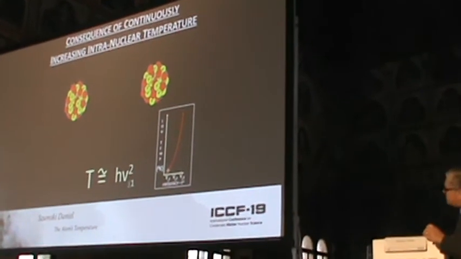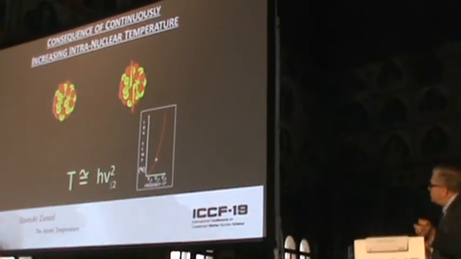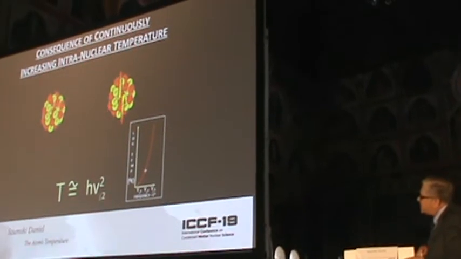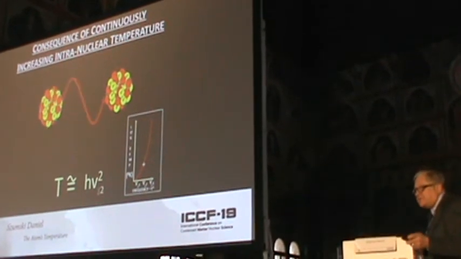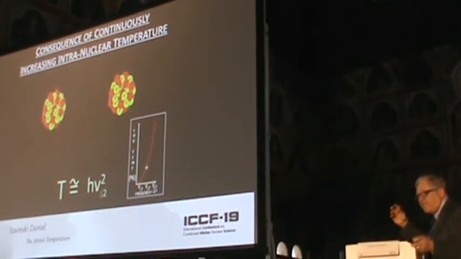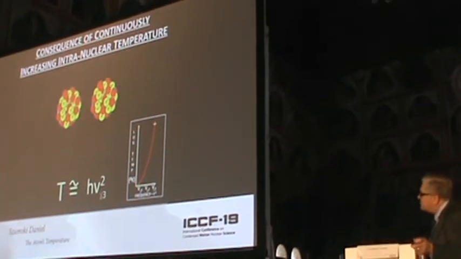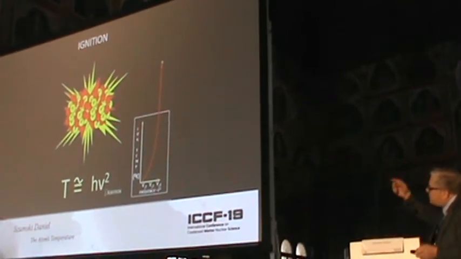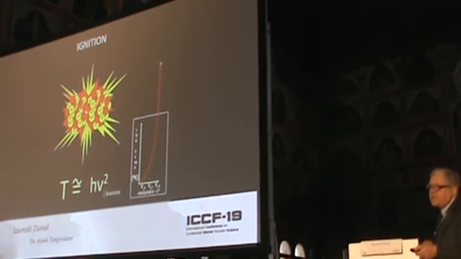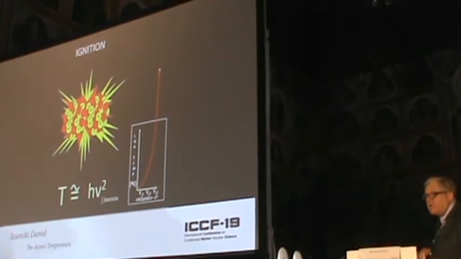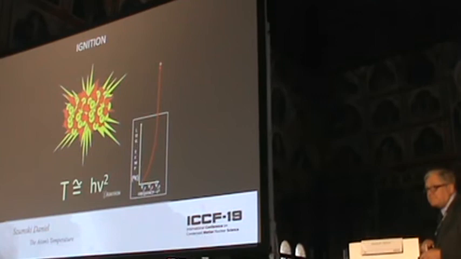Number one, the distances are becoming smaller because the electromagnetic force between the nuclei becomes greater. The temperature is becoming greater, and ultimately what you end up with is, I believe, the possibility of cold fusion.